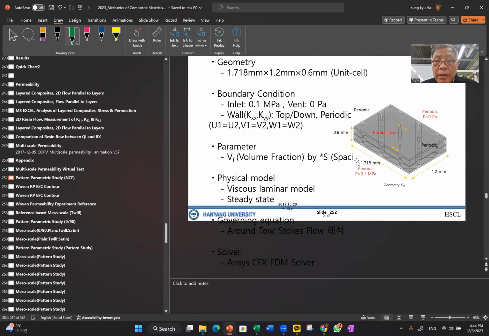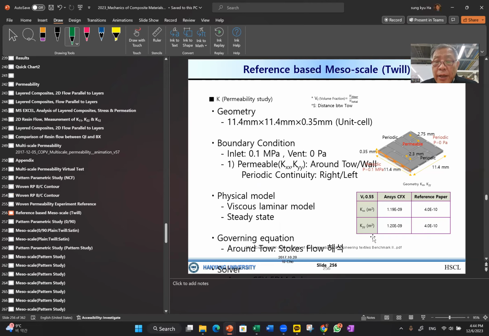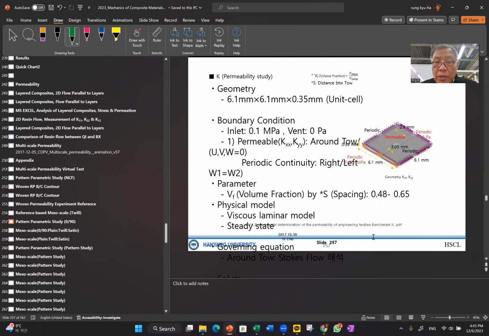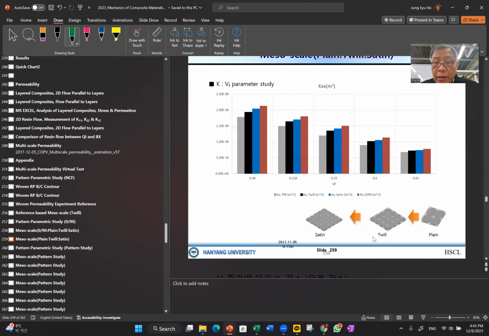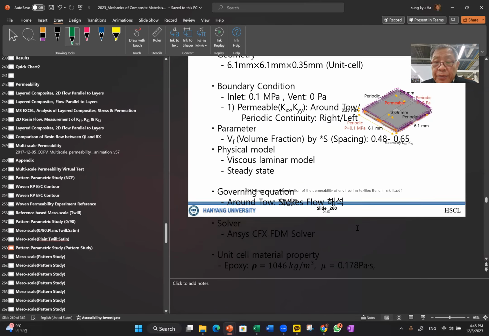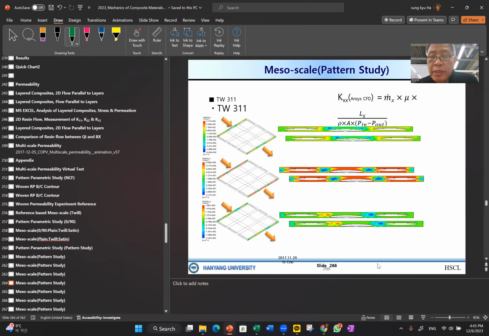Sorry, this slide is a little bit not well organized, but my point is that we can have a multi-scale analysis of permeation, so we can predict it, not just measure it. I just want to give you an idea that the micromechanics or multi-scale approach can be applied to understanding permeation.